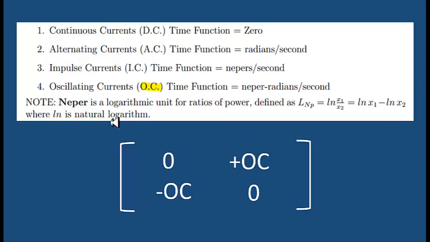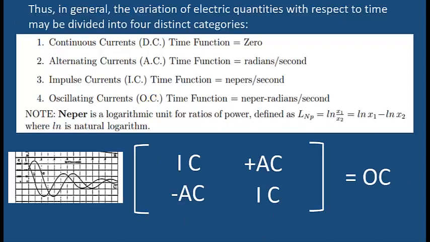Using just a little bit of intuition, I decided to write this down. We know that the impulse current belongs on the forward diagonal and the alternating current belongs on the backward diagonal. So this is what I would actually write in my complex notation: impulse current and alternating current work together to create oscillating currents.